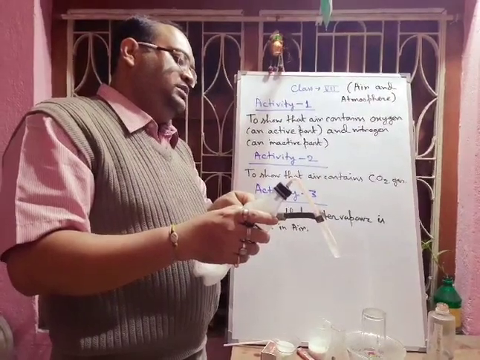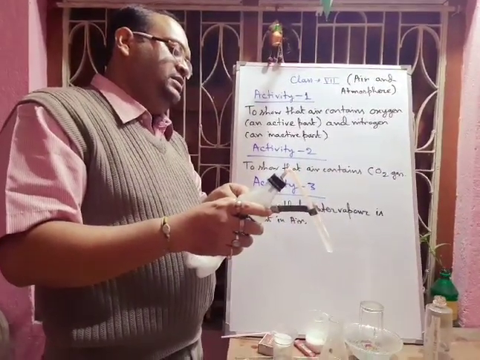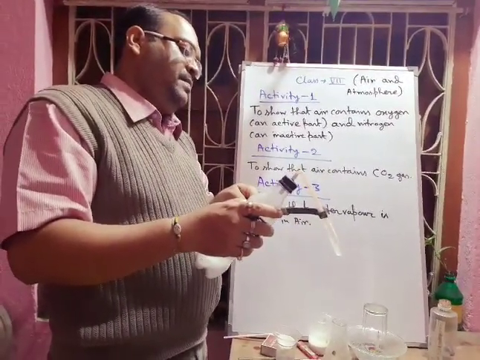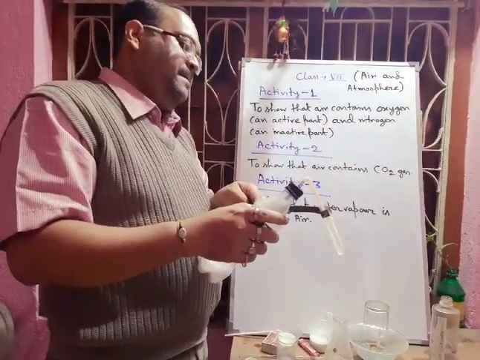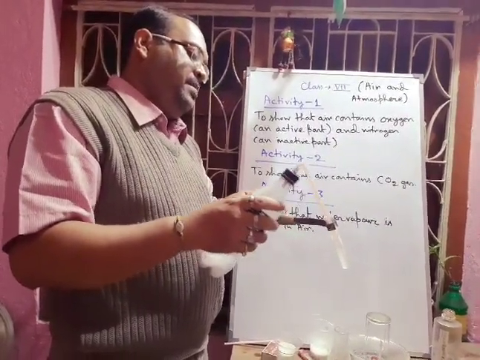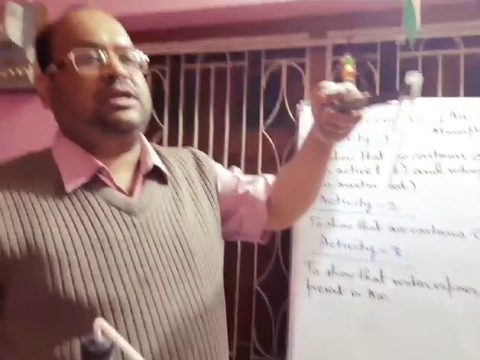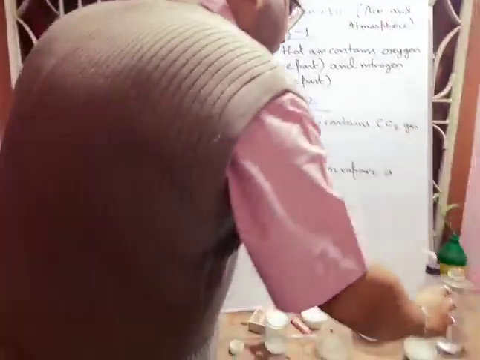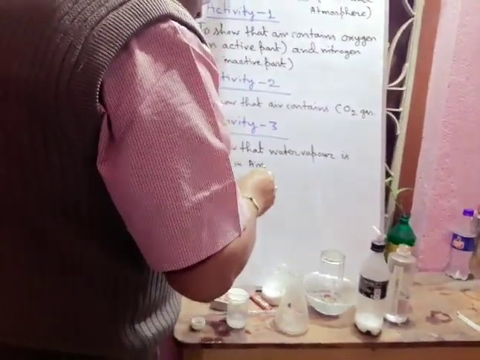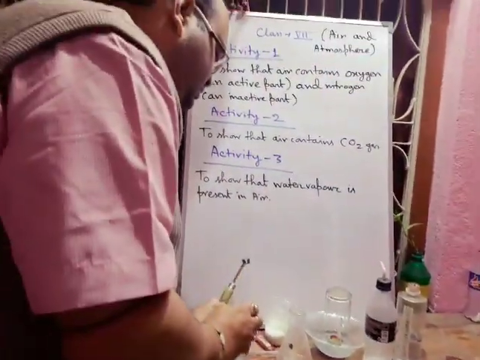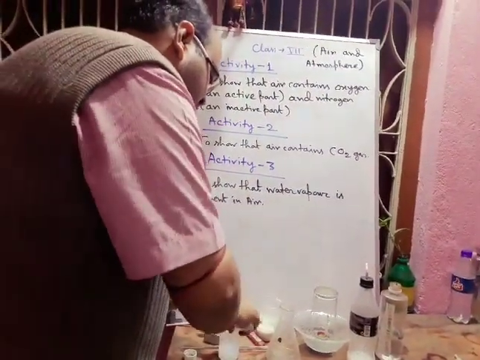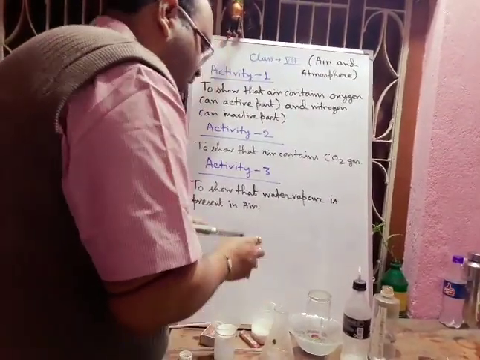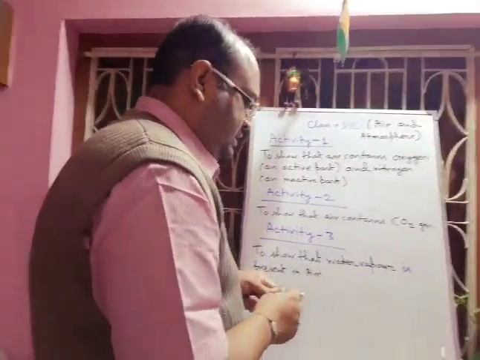And that is why the solution again turns colorless. Now see, the solution is almost colorless. Again I am showing you that the color of the lime water changes to milky white in presence of carbon dioxide gas.